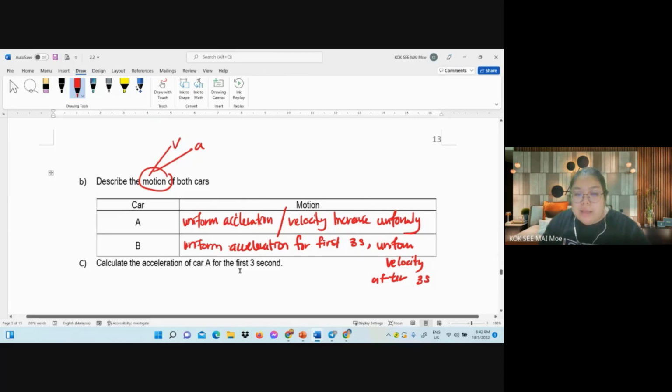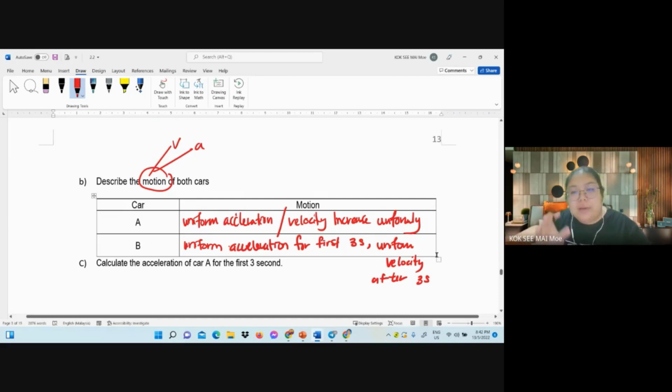So you can mention acceleration first, then velocity, or you can explain both with acceleration: uniform acceleration, and another one is zero acceleration. If you say the first one is velocity increases uniformly, then the next one is velocity constant. Okay, so this is an explanation.